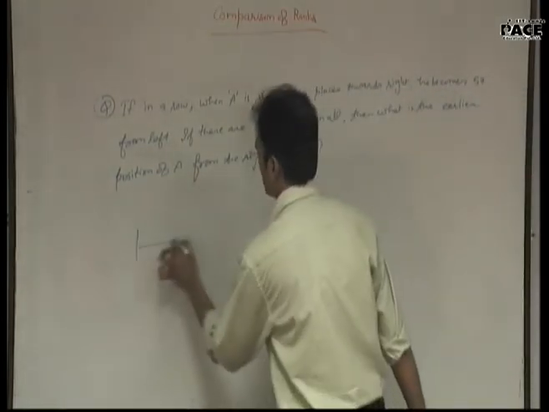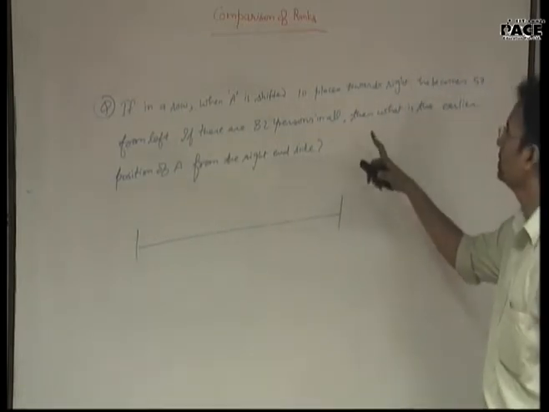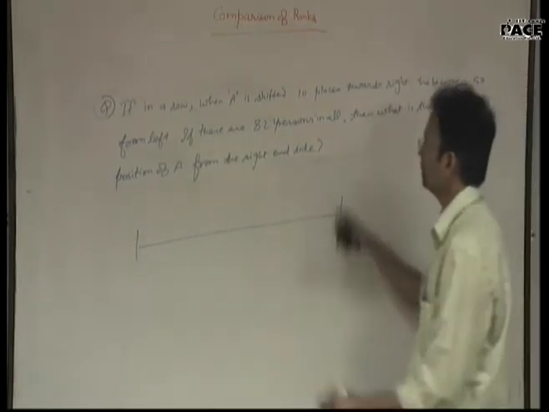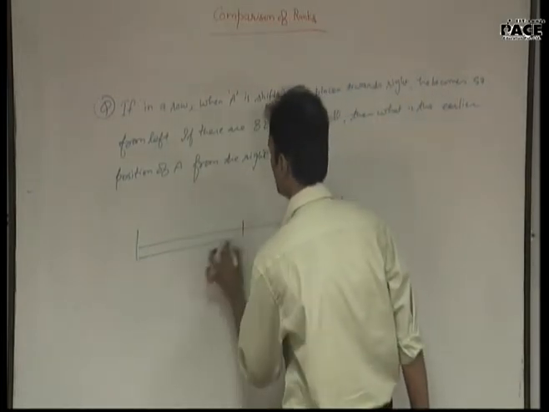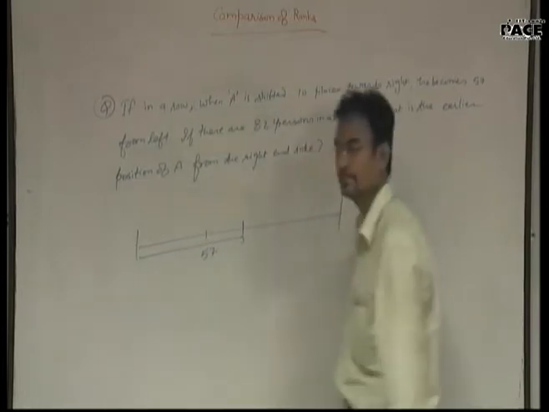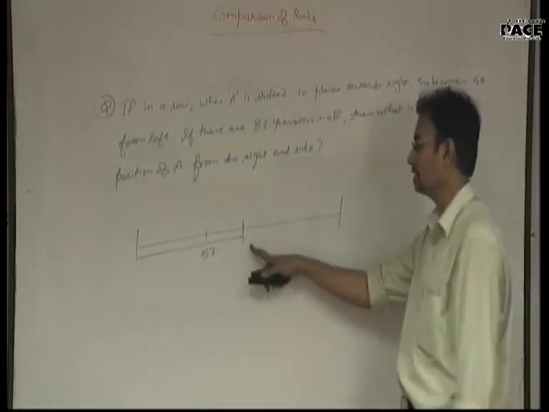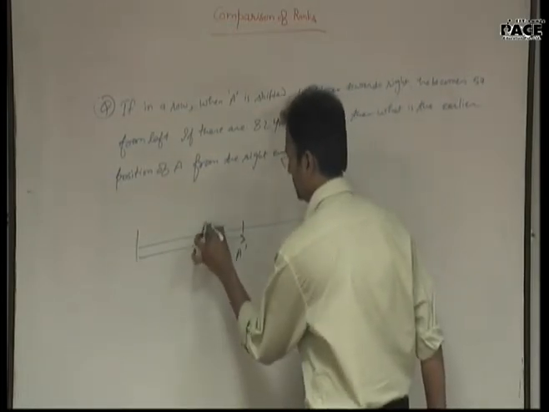Now, the arrangement says when A shifts from left position to right position 10 places, it becomes 57th from the left hand side. So this position is after the shifting. A was here somewhere.